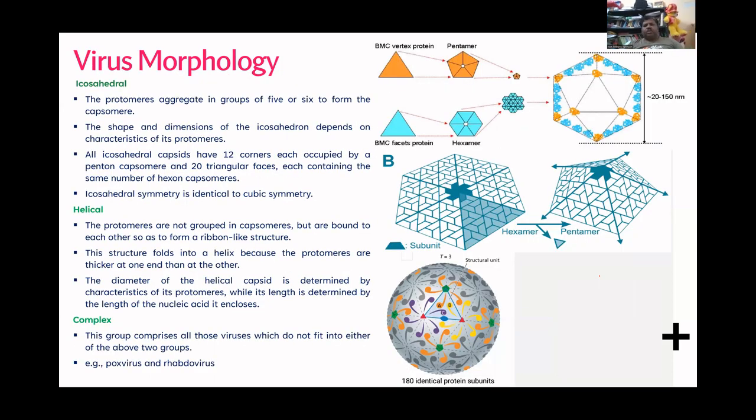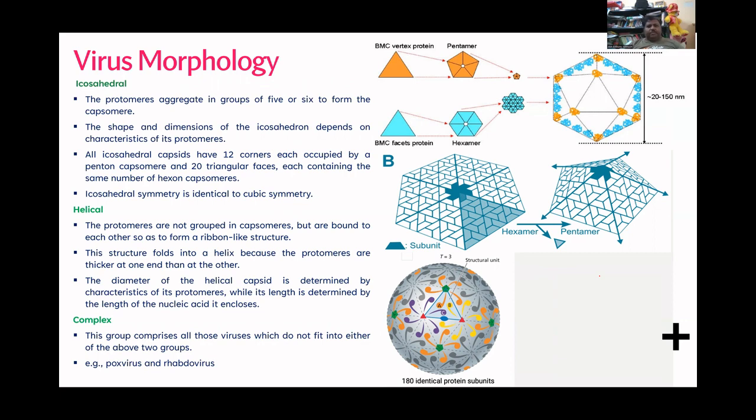Coming to the virus morphology. Virus morphologies are technically very complex in certain stages. There are icosahedral symmetries, there are helical symmetries, and there are complex virus structural symmetries. Now, what exactly is an icosahedron? An icosahedron is a type of viral structure which can be formed based on protomeres that aggregate themselves into 5 or 6 groups to form something called a capsomere.